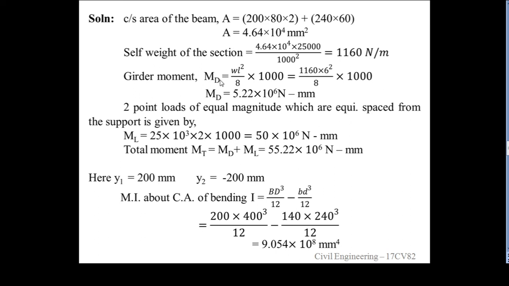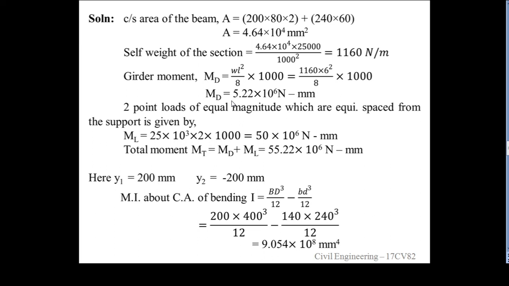Then girder moment MD is equal to WL square by 8 into 1000, that is 1160 into 6 square divided by 8 into 1000. That is MD, the moment due to dead load, that is uniformly distributed load. Due to that, 5.22 into 10 raised to 6 Newton mm is the moment due to dead load.